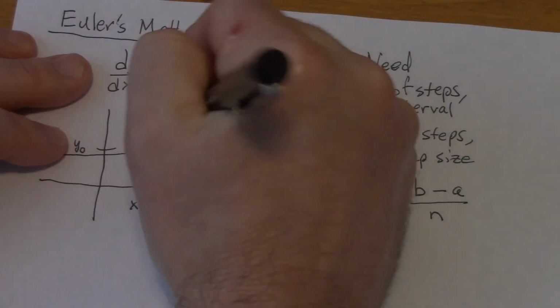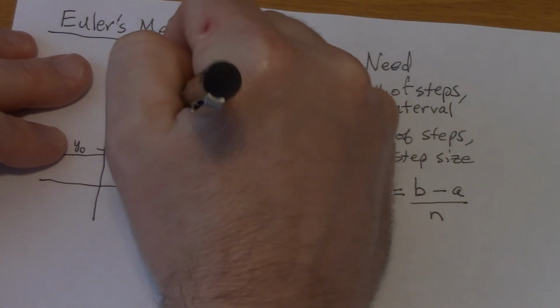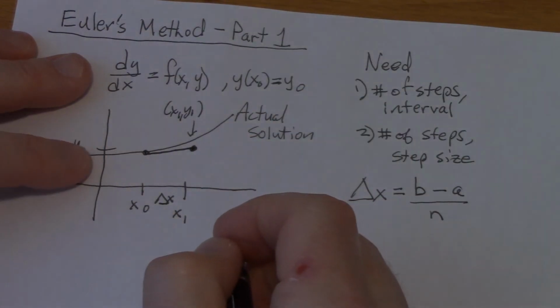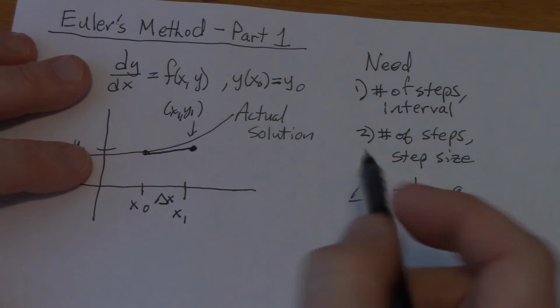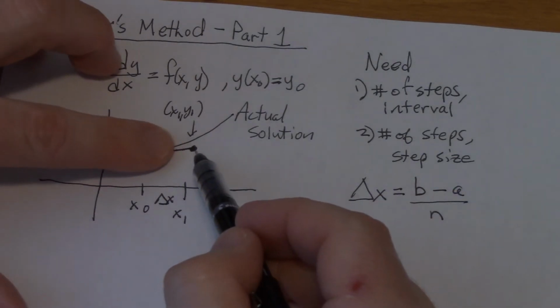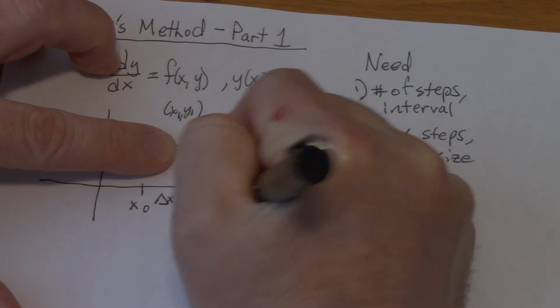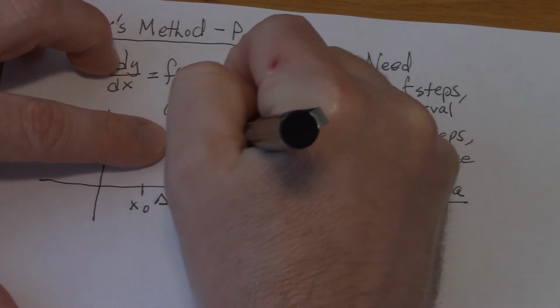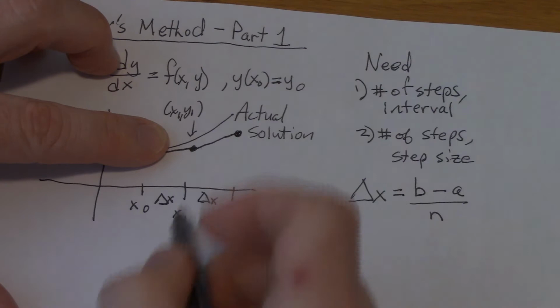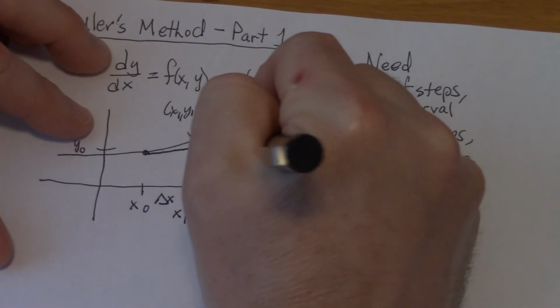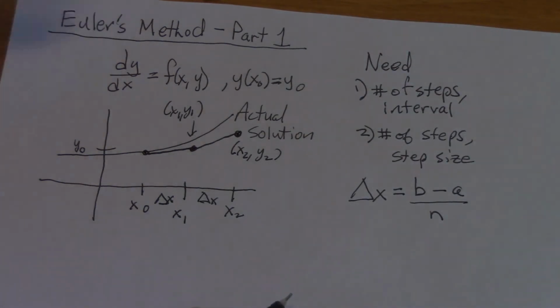Then we would end up at the point x1, y1, and we'd just redo that process again. We'd find the tangent line at x1, y1, and we'd know the endpoint for that, and we would have x2, y2, and so forth and so on.